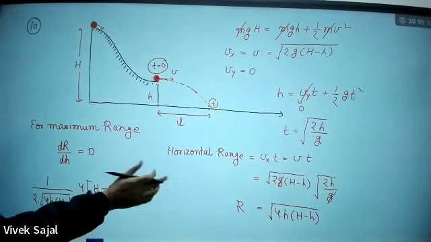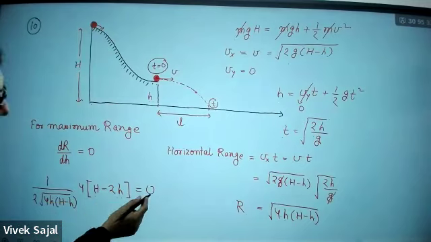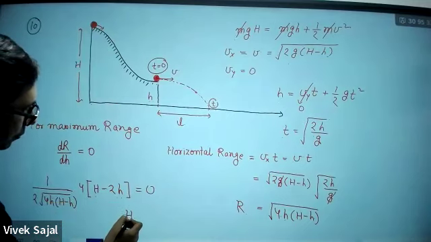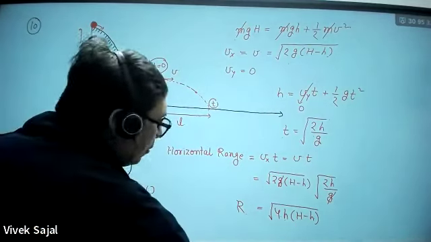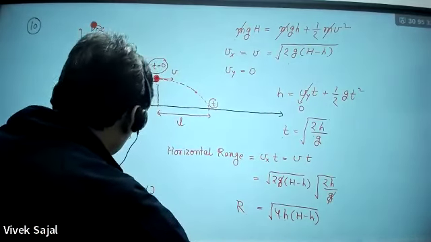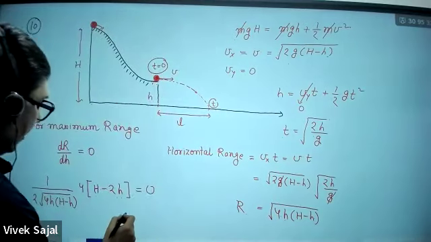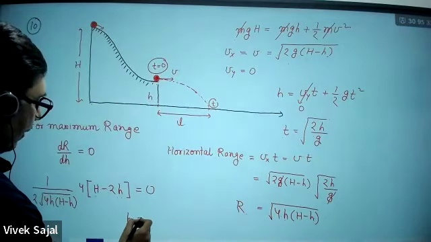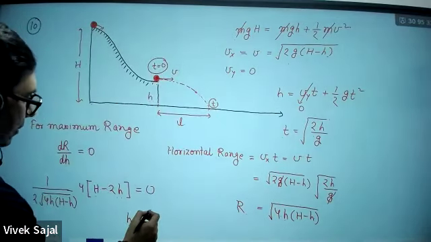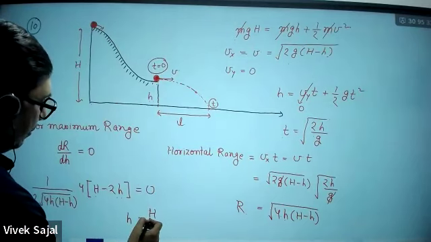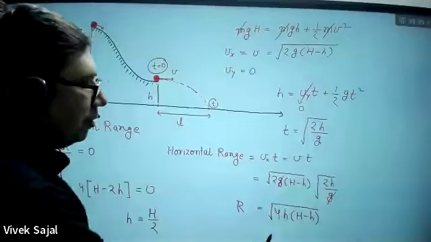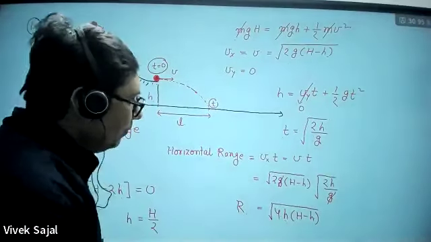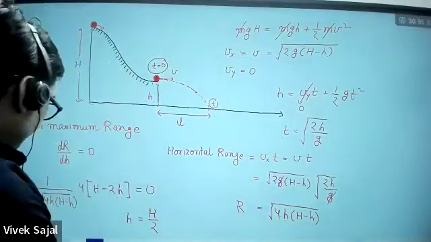So H minus 2h will be 0. So small h should be equal to H by 2. So what should be the value of small h for the maximum range? That will be H by 2.